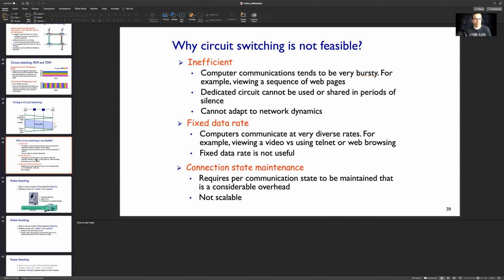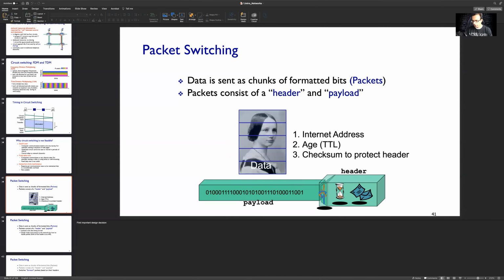Essentially, they'll have to do a lot of state management, which we don't want the core of the internet to do, because really we want the core of the internet to keep forwarding data as fast as possible, right? So these are some of the key reasons why circuit switching lost out.